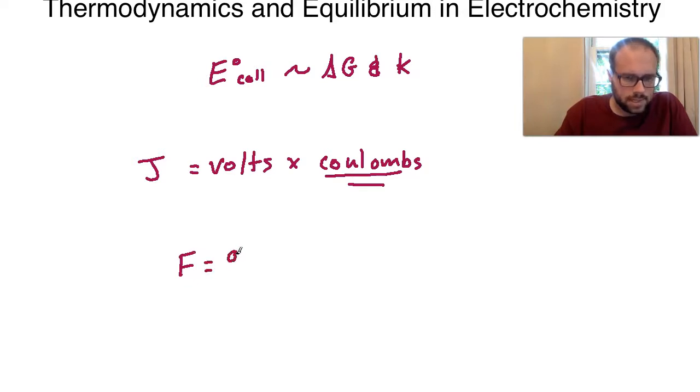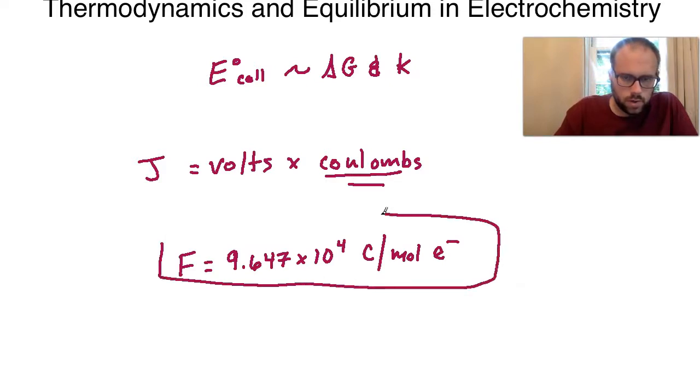And Faraday's constant is around 9.65. It's really 9.647 if you're getting specific, but you'll sometimes see 9.65 written. Times 10 to the fourth coulombs per mole of electrons. All right? Very important number when we're dealing with electrochemistry.